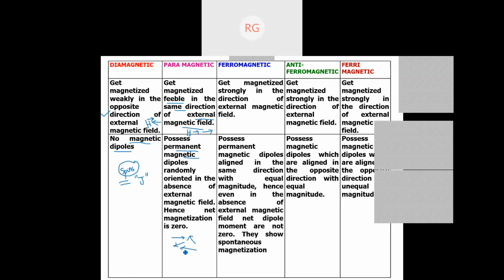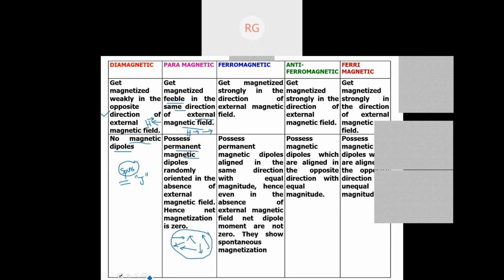Some may go like this, some like this. That means all the magnetic dipoles are randomly distributed, so they cancel each other and the net magnetization is zero. Even though a paramagnetic substance possesses dipoles, all of them are randomly distributed. Therefore, there is no net magnetization of paramagnetic materials.